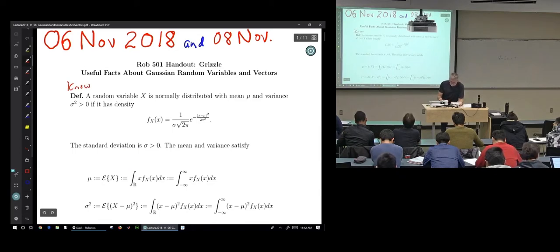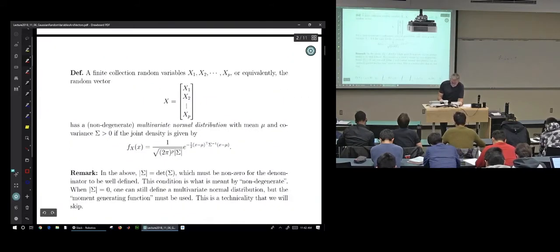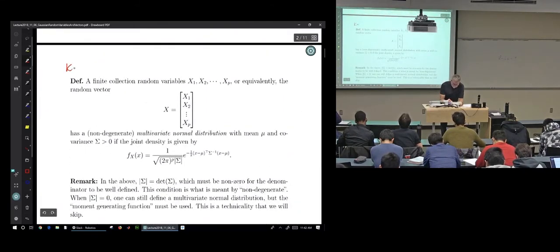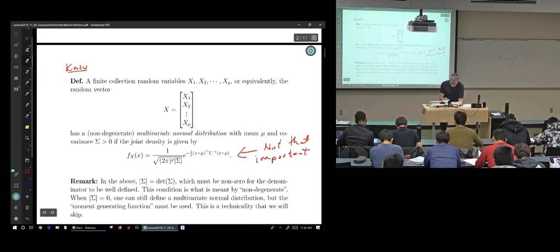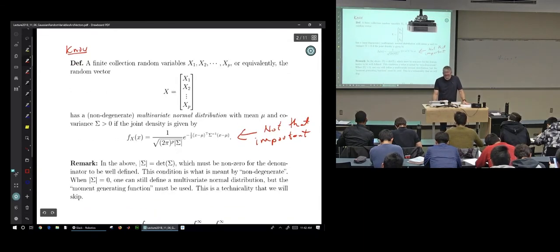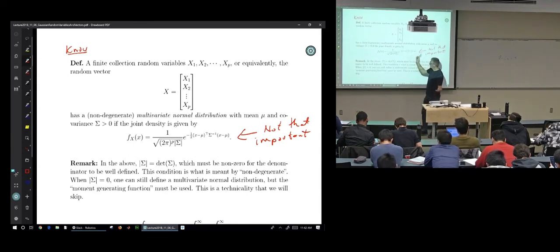Know what a random variable is when it's normally distributed. I really don't care if you know the formula for the density. The only thing I want you to know is that it depends on two quantities, the mean and the covariance matrix. It has an inverse, we call that the information matrix, but it's the mean and covariance.